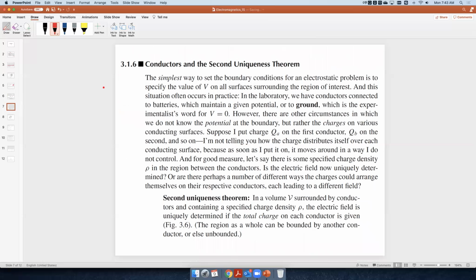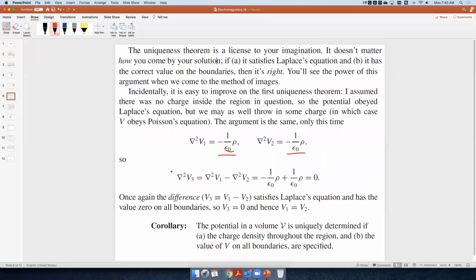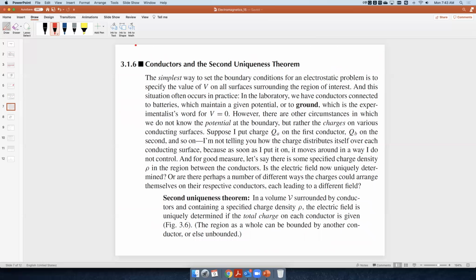So let's just remember this conclusion. And here, conductors and the second uniqueness theorem are shown. For example, the simplest way to set the boundary condition for an electrostatic problem is to specify the value of V on all surfaces surrounding the region of interest.